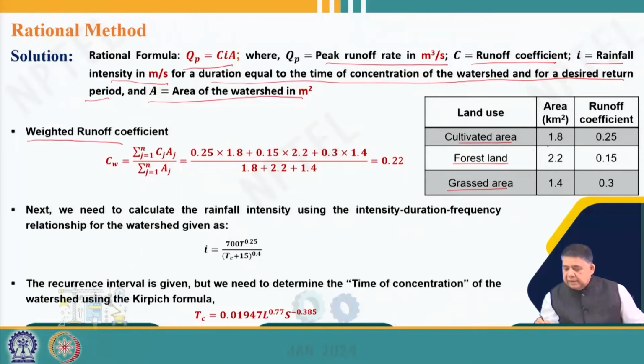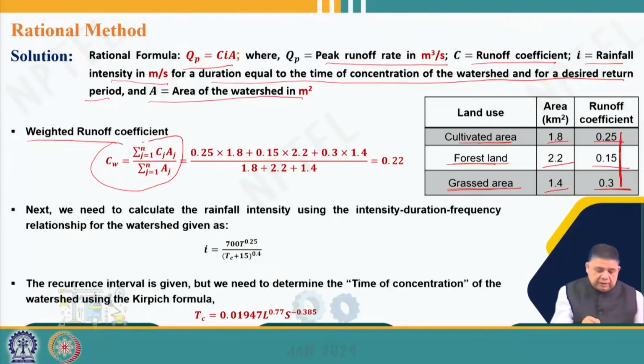The areas under each category are 1.8, 2.2 and 1.4 square kilometers, and we have also been given the values of runoff coefficient applicable to these land uses: for cultivated area it is 0.25, for forest land it is 0.15 and for grassed area it is 0.3. Using this information we can easily calculate the weighted runoff coefficient, which will be used in the rational formula, as the sum of Aj and Cj divided by the sum of the total area, where j is the number of land uses. So, in this case it is 3.